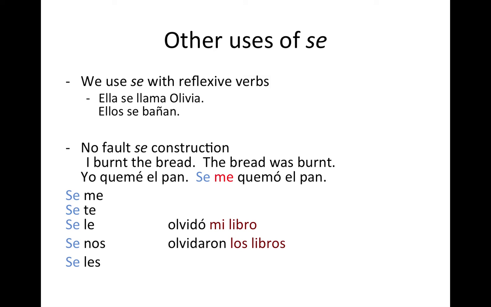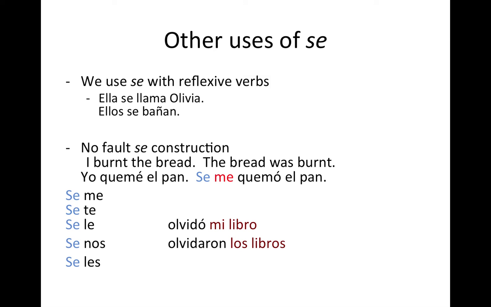So for these no-fault SE constructions, you see at the bottom, all of them will have SE. The pronoun that's coming right after is the person, the victim, who that happened to. Se me, se te, se le, se nos, se les.